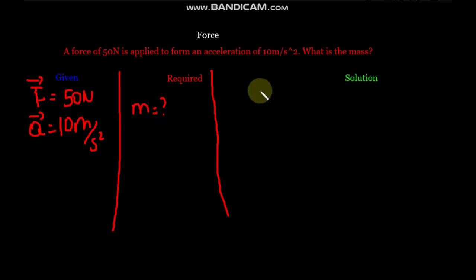I told you that the force F equals ma. Our goal here is to leave mass by itself, so we'll have to divide by acceleration on both sides.